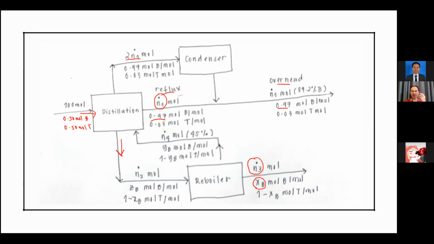That's why we have the condenser to convert from vapor to liquid, and then we can collect the product in the liquid phase. At the bottom, we have the reboiler to evaporate some part of the liquid and send it back to the distillation, and then split the liquid product also. I will talk about the detail of distillation when we start in the first year of unit operation.